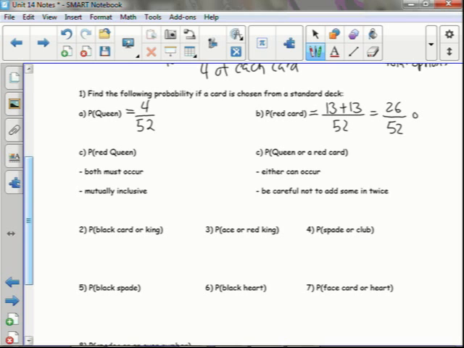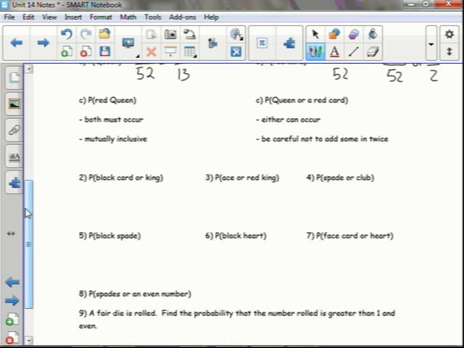Or you can reduce these into 1/2. Just like 4 out of 52 will reduce to be 1 out of 13. All right. So now when you get a probability of a red queen, both of those have to occur. So we have to have a queen, but it also has to be red. And in that instance, there's only 2 out of 52, which would reduce to 1 out of 26.